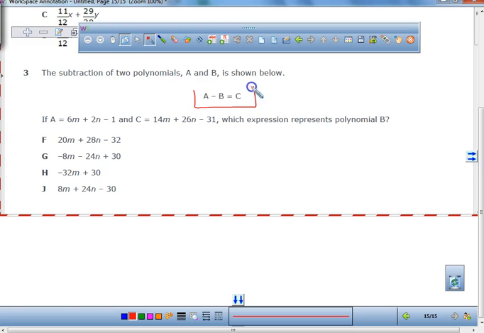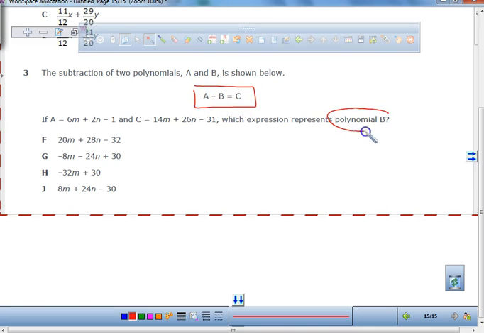This says A minus B equals C. If we want to find out what B is equal to, I've got to solve for B. Okay? So now, there's two ways that you could do this. I started one way. If you wanted, I'll do another way and see if it makes sense to you.